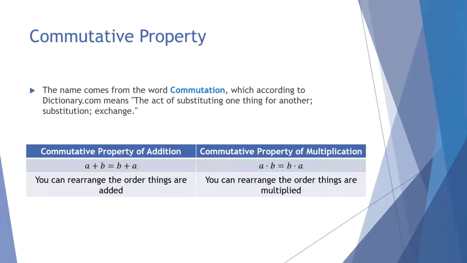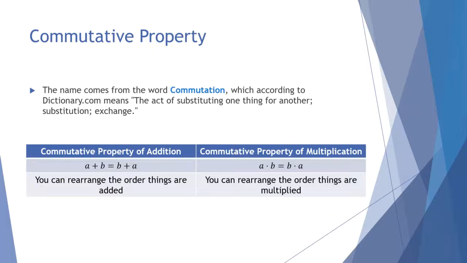If you have A times B, that's the same thing as B times A. The order that you multiply doesn't really matter, just like the order that you add doesn't really matter. The order doesn't make a difference in your final answer.